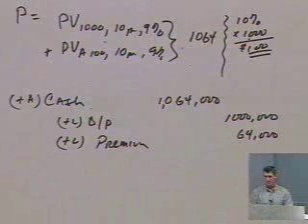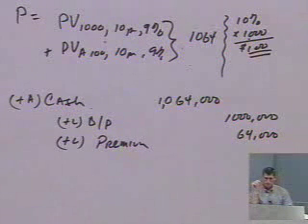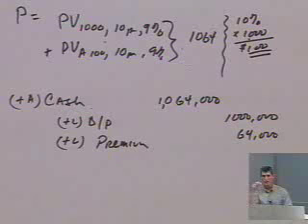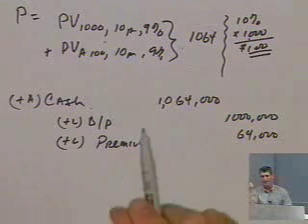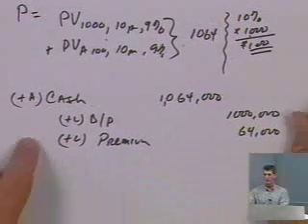Second question, the second interest payment. Now, the second interest payment is, again, going to be based on the amount they actually borrowed and the rate they actually borrowed. So they borrowed 1,064,000 at a rate of 9%.